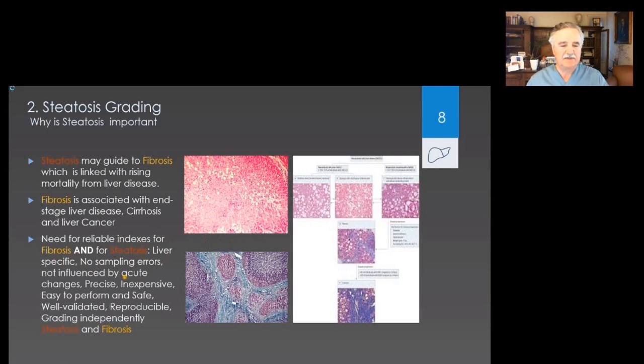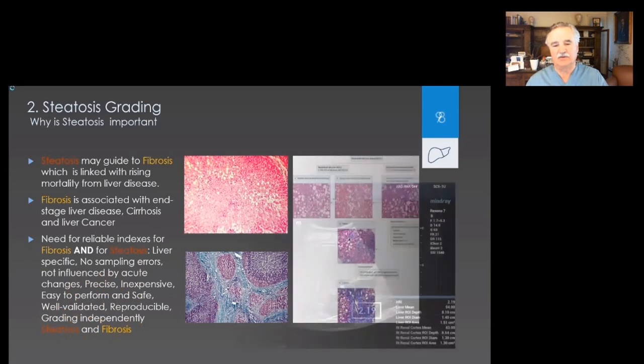This index must be specific, without sampling mistakes, not influenced by acute changes, precise, inexpensive, easy to perform, and safe. And we also want each index to grade steatosis and fibrosis independently.